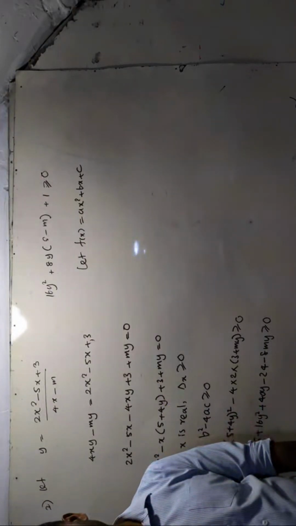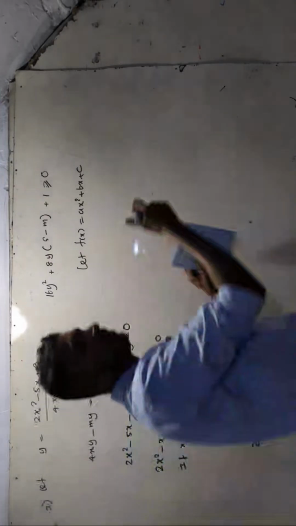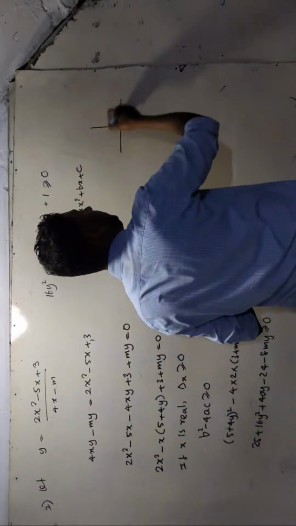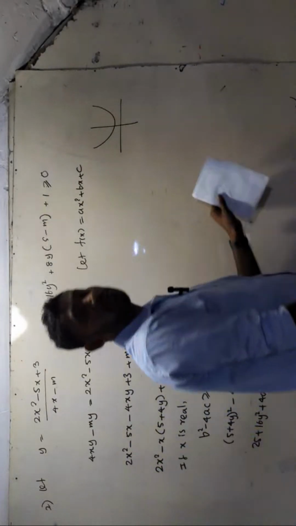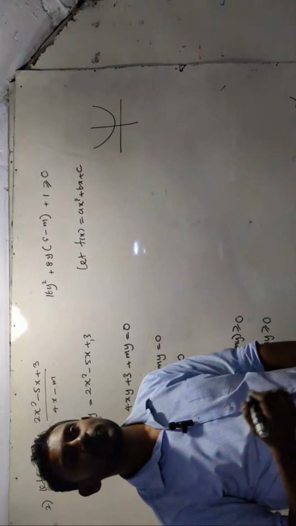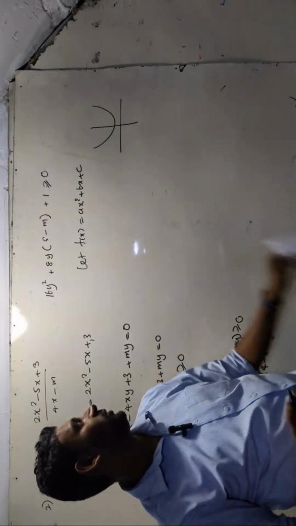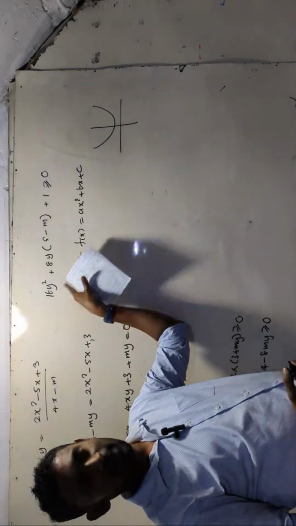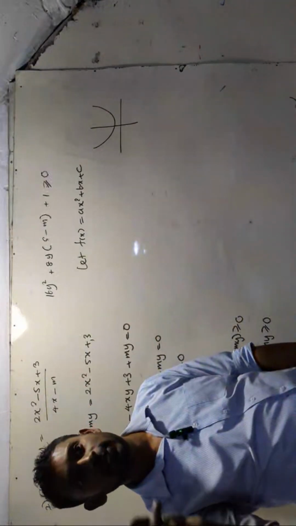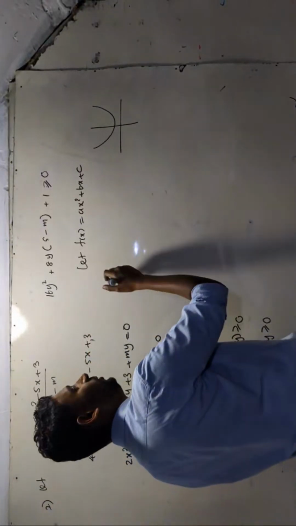Discriminant should be less than 0. Good. Can you remember the graph? If it is positive, this should be the graph. Delta is negative, and A is positive. A is positive here. Delta should be negative. Correct. It's a very beautiful question. So here I'm going to write down today.